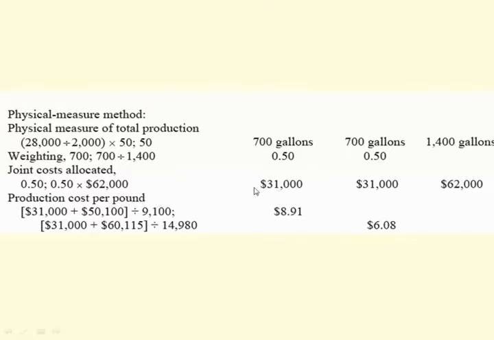Its share here from joint cost is $31,000 plus separable cost 50,100 divided by 9,100 pounds, which equals $8.91 per pound, and here 31,000 share of joint cost plus separable cost 60,115 divided by 14,180, which will result in $6.08 per pound.